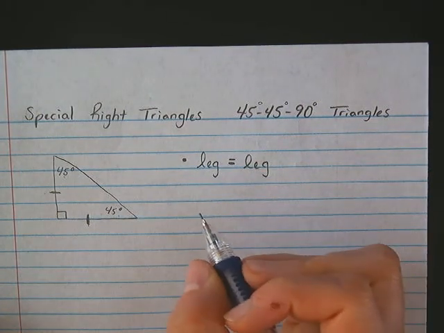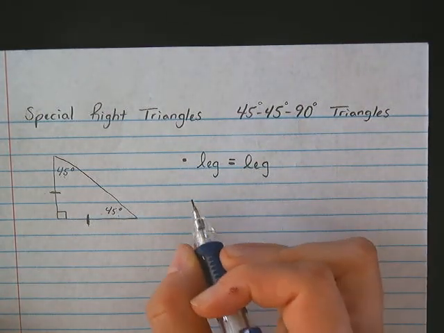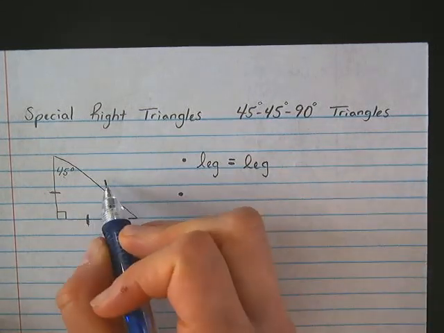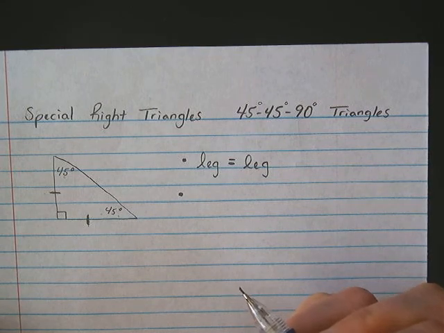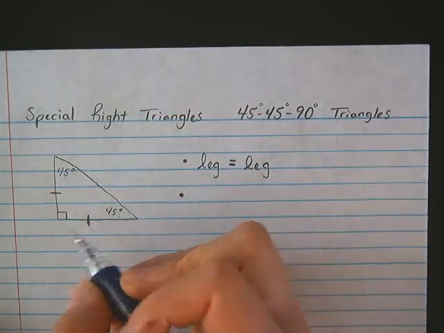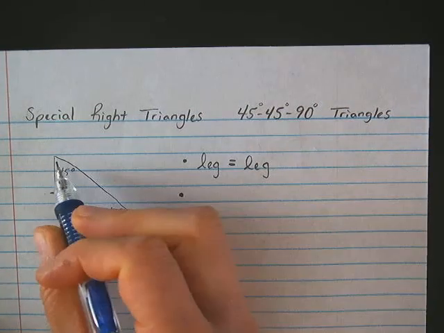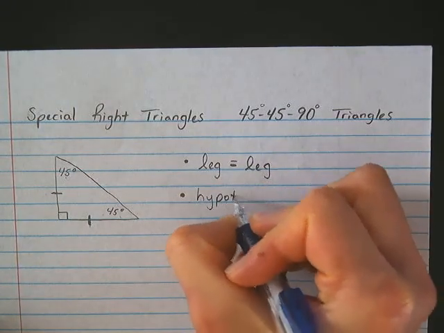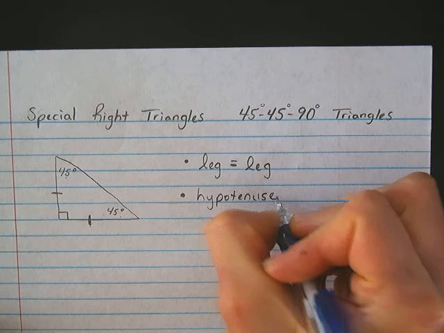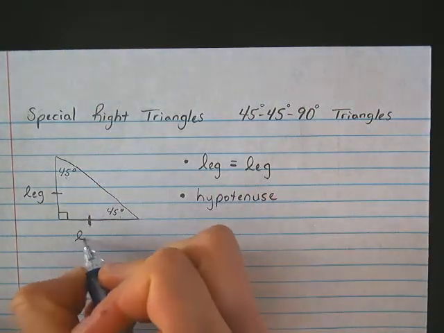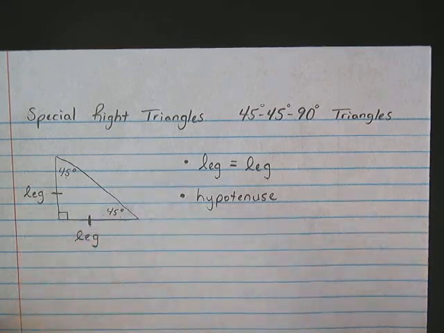The other property that is very specific to a 45-45-90 is about the hypotenuse. Okay, and now you could actually do a little work. You can use the Pythagorean theorem to prove this. But the other property that you have to know is about the length of the hypotenuse of your 45-45-90 triangle. Okay, so this is one of your legs, this is the other leg, and they'll actually be the same length.